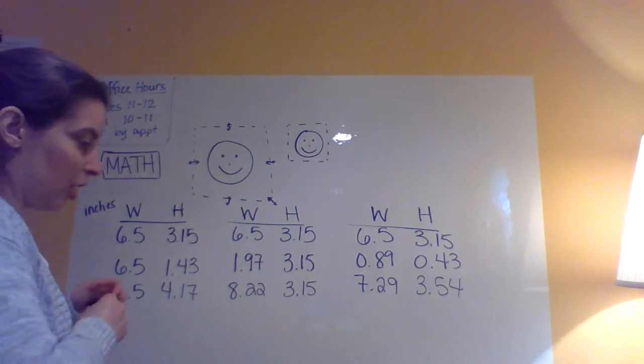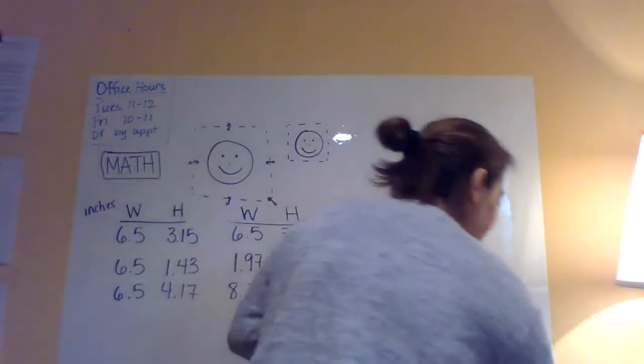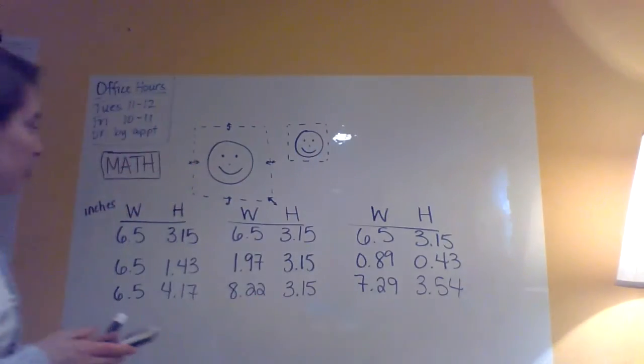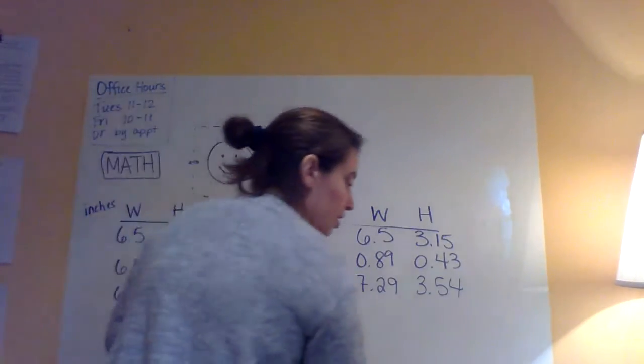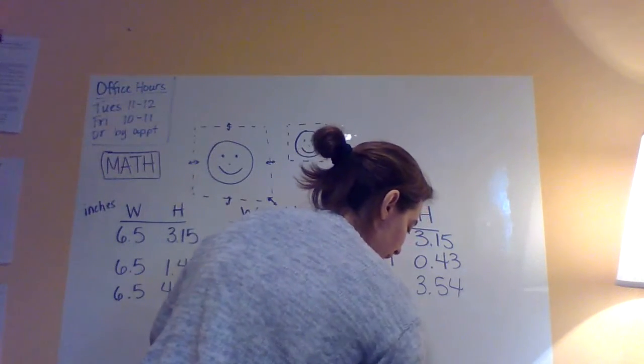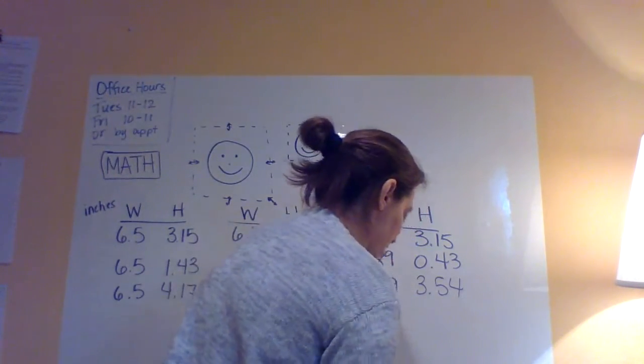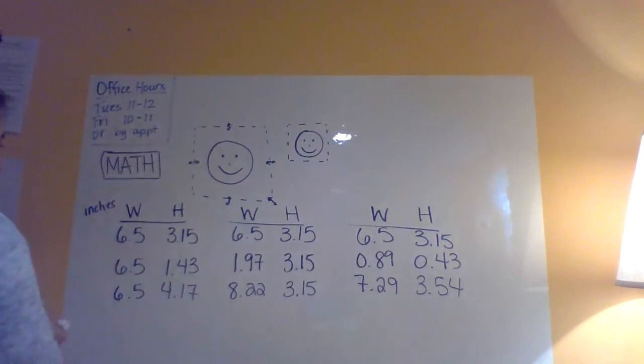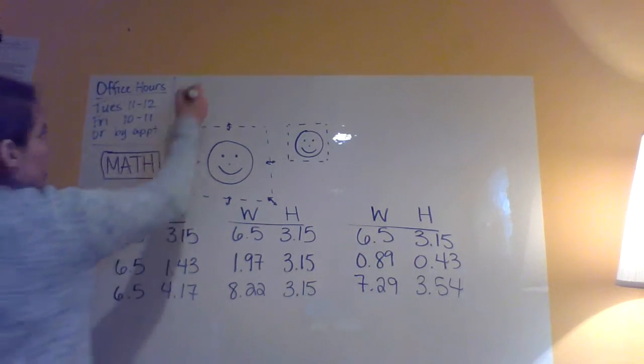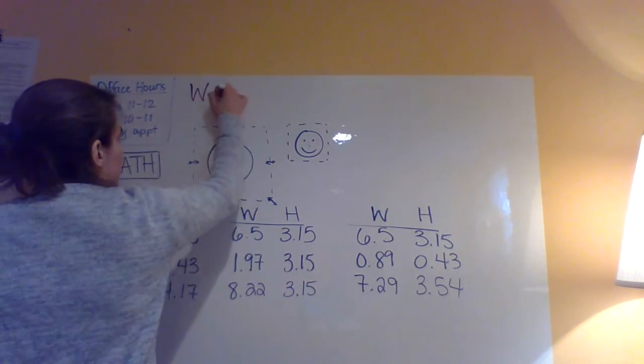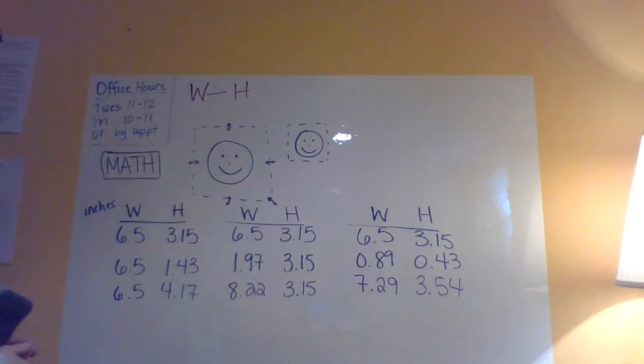So let's take a look at how these are related. In each case here, let's go ahead and divide width divided by height. So I'm going to find for each of these my width divided by my height.